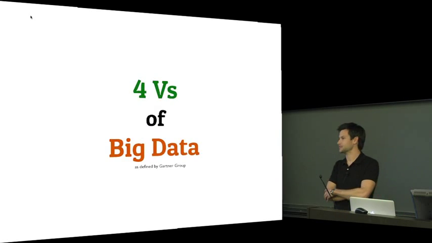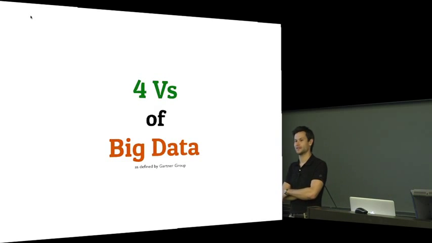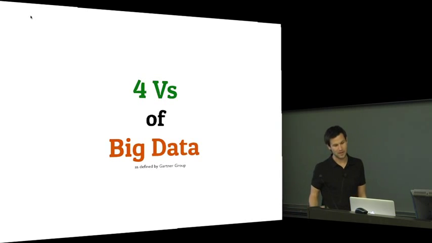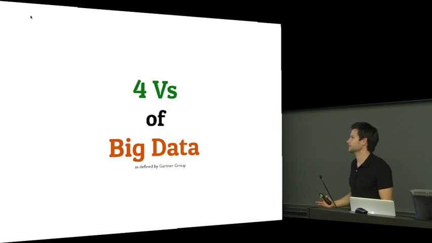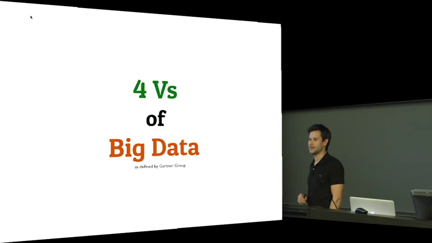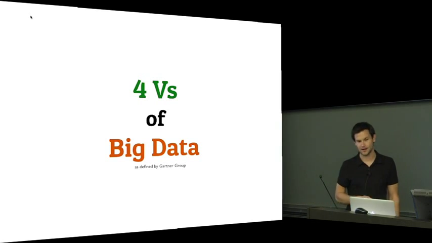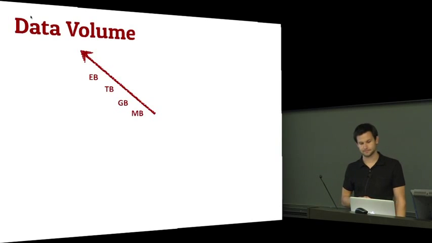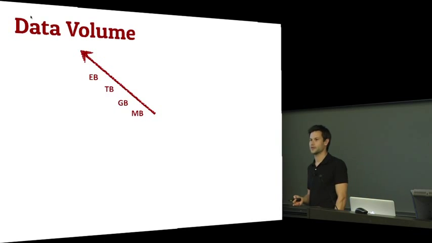So it's fuzzy, but there are definitions out there. There is no perfect definition, that's for sure. But this one is at least better than just talking about the amount of data. It's the 4 V's of big data defined by the Gartner Group. It used to be the 3 V's of big data, but they extended it because they didn't cover an important aspect. So the first V would be data volume. That's probably the most intuitive one.